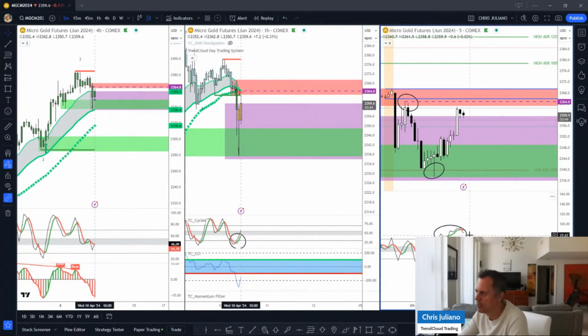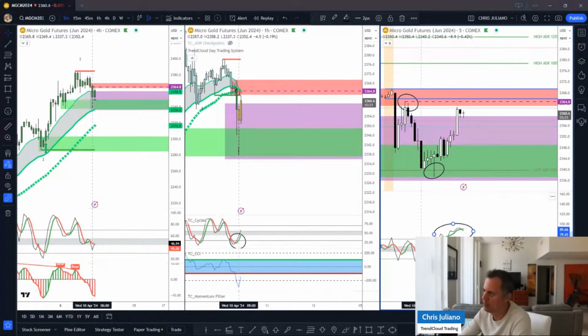Here we go. Cycle indicator, triple cross. Didn't really cross there, so this is really a double cross. But look at that. Okay, there you go.